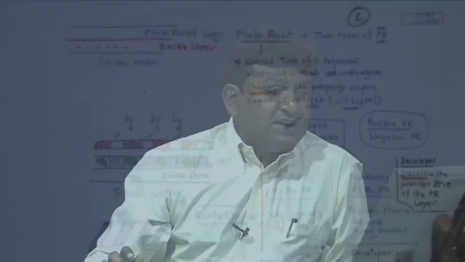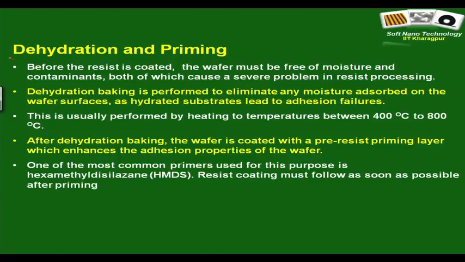So, before the resist is coated, the first step is dehydration and priming. You need to dehydrate the oxide layer. You just heat it up to temperatures between 400 and 800 degrees centigrade, so that all your water gets evaporated away. And after dehydration, there is a bit of detail. One can coat it with a pre-layer. It is not the photoresist, but a layer you can spin coat, which sort of enhances the adhesion between the photoresist and the barrier layer.